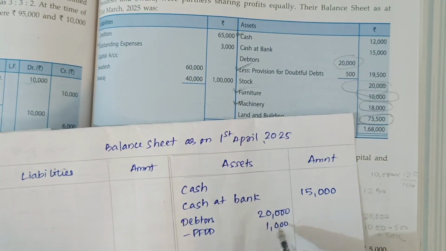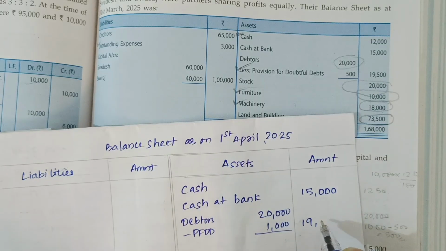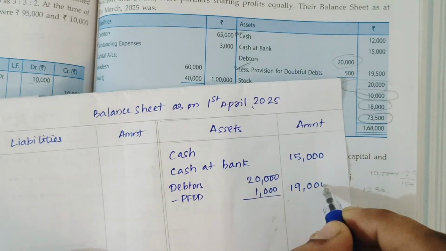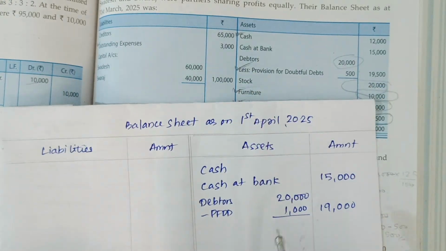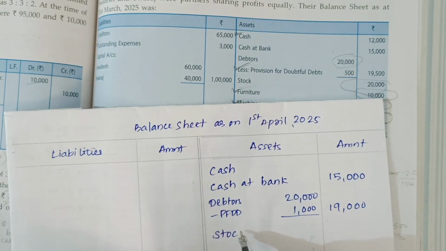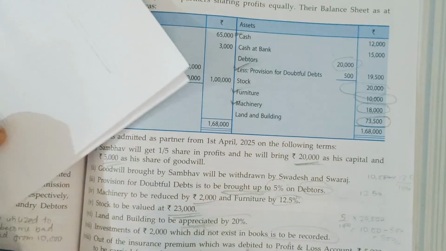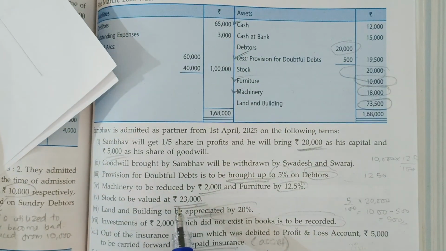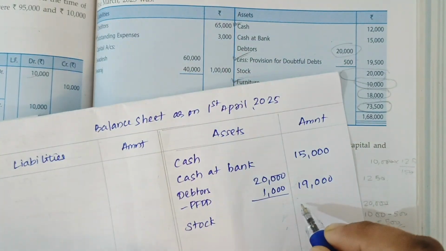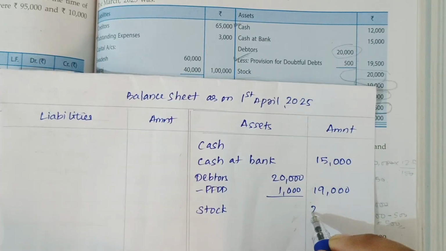So minus 1,000, it will be 19,000, not 19,500. Now stock, the amount was 20,000. There is an increase in the value to 23,000, so the new amount will be 23,000.